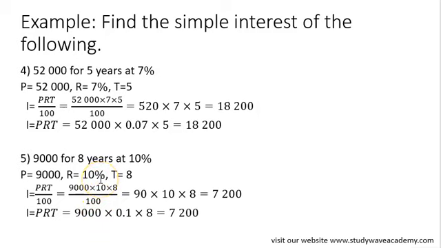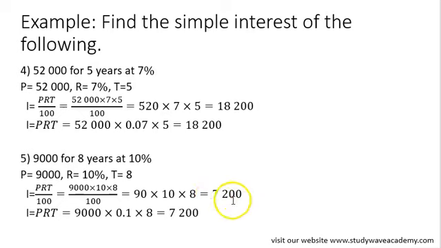Okay, then we cancel. We cancel 0 with 0, 0 with 0, and write out the remaining equation. 90 times 10 times 8. If we multiply this together, it will give us 7,200.